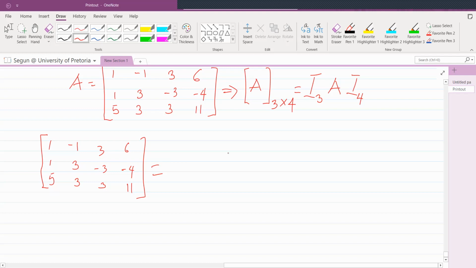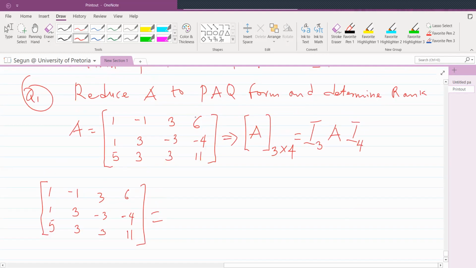Remember from day 1, I'm just using the method, the formula. Look at this formula. I'm writing everything out now.